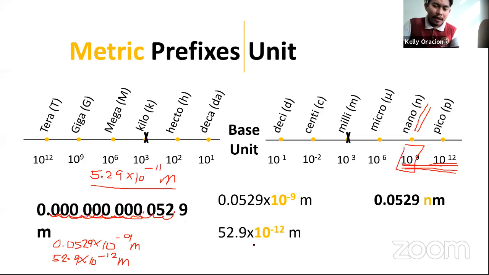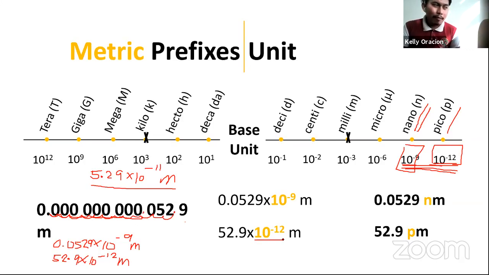How about this one? 52.9 times 10 raised to negative 12. Negative 12 is equivalent to pico. So using 10 raised to negative 12, it turns into 52.9 picometer.